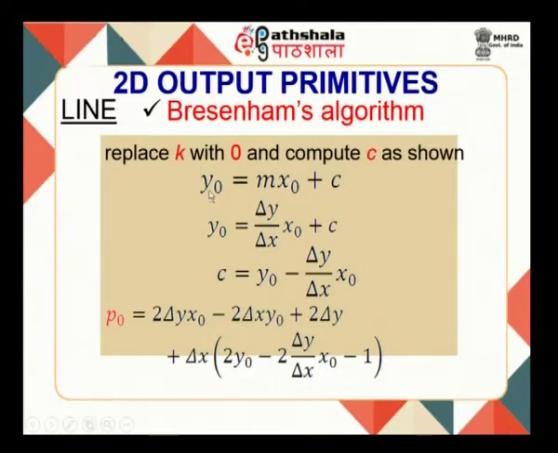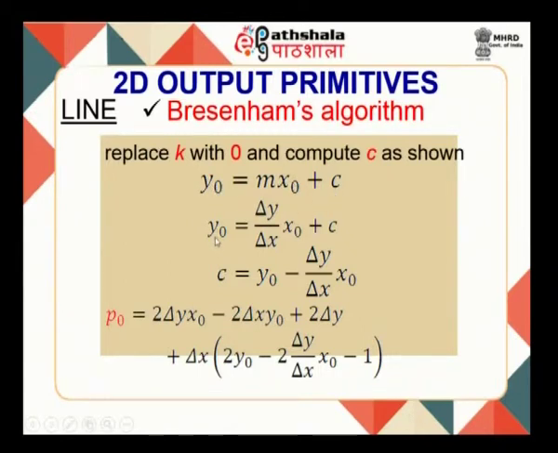So, we know that from the slope intercept form we have this equation y is equal to mx plus c, and any point on the line should satisfy this equation. As we know that x naught, y naught is the first known point on the line, you can substitute here for y naught and x naught, and we can write this equation.